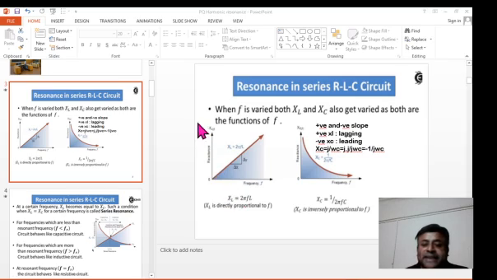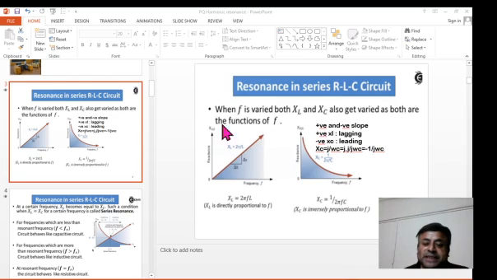This is called a positive slope. The slope, starting from 0 and going onwards, is called a positive slope, and the positive slope indicates that the power factor is lagging, or the circuit is lagging.